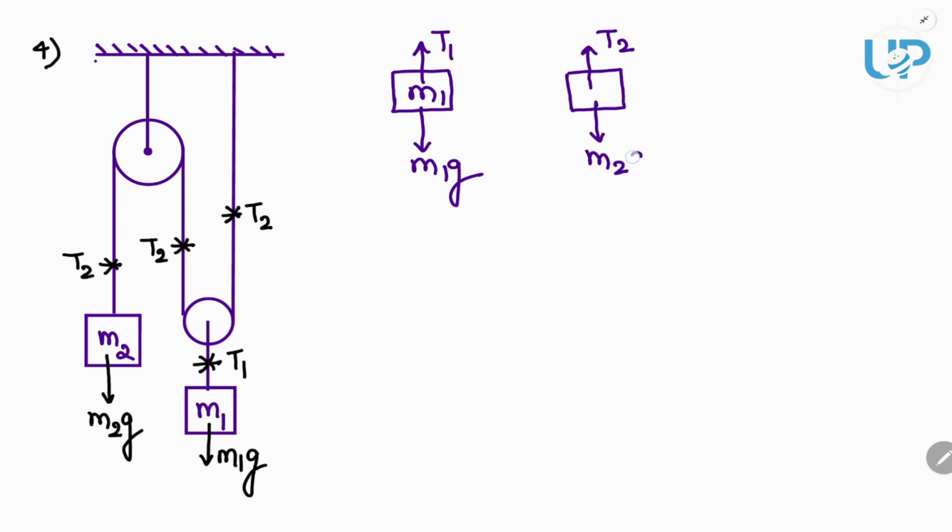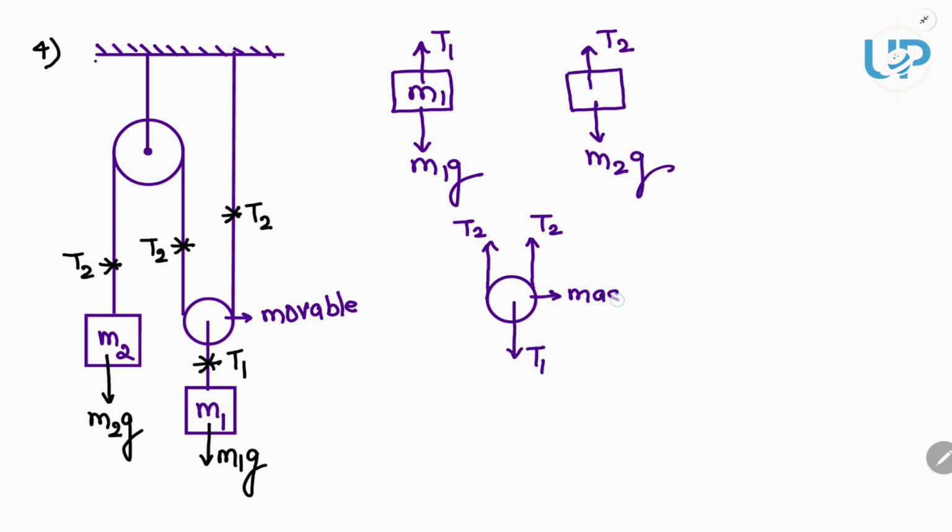Here we can also draw a free body diagram of the pulley which is not fixed. This is a movable pulley. It is experiencing two tensions, T2, T2 and T1. There will be no gravitational force as the pulley is massless. But this pulley is going to create wonders in the equation making, which we will discuss later.